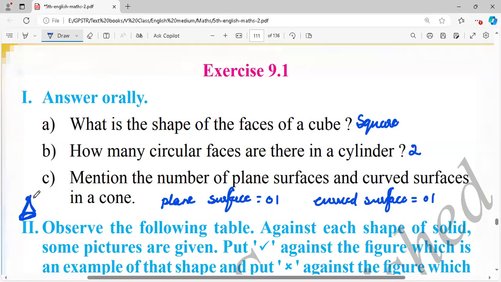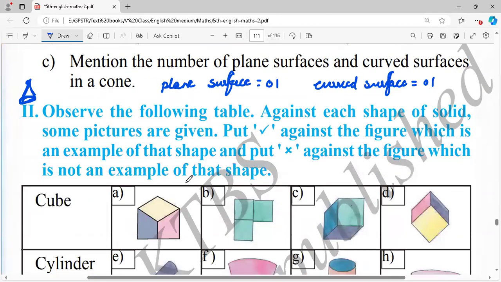This is the vertex. They don't ask about vertices.